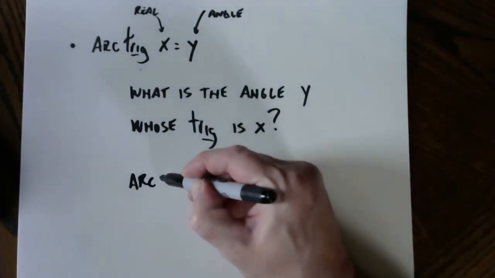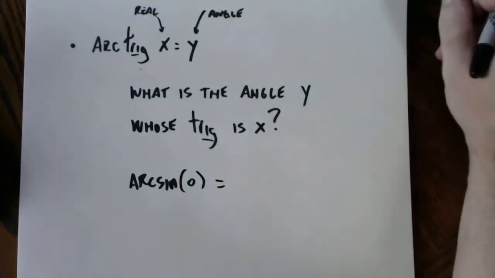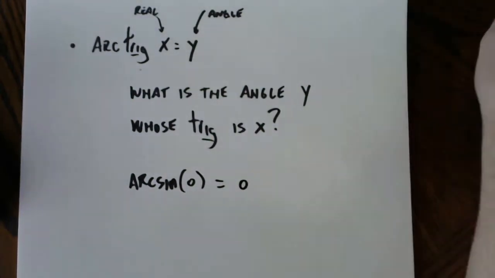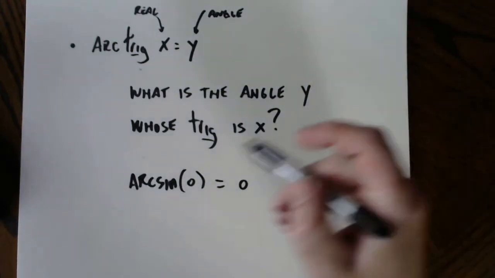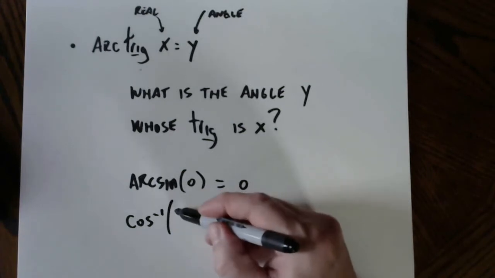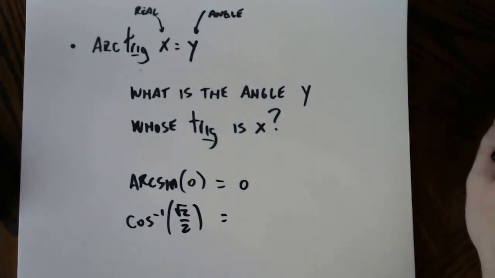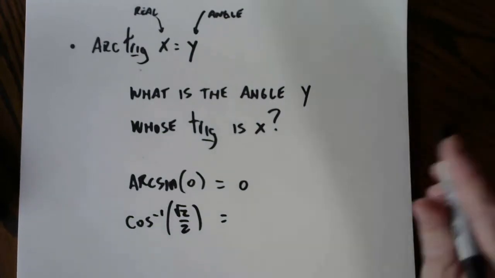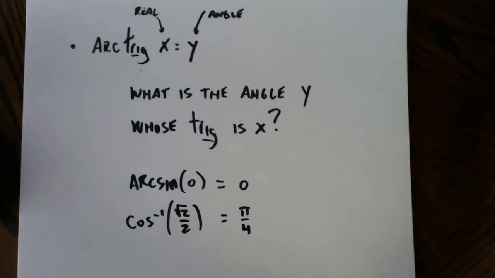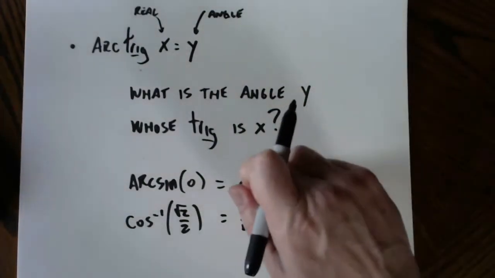So what is the arcsine of 0? What angle has a sine of 0? 0. Okay. And I'll go back to this notation. What angle has a cosine of root 2 over 2? Pi over 4. So if you think about this, you might say, well, wait a second.